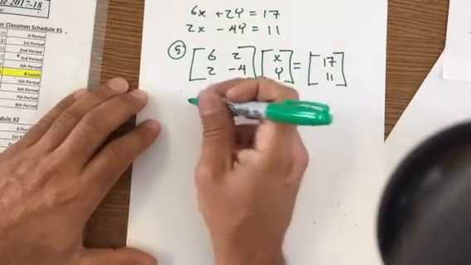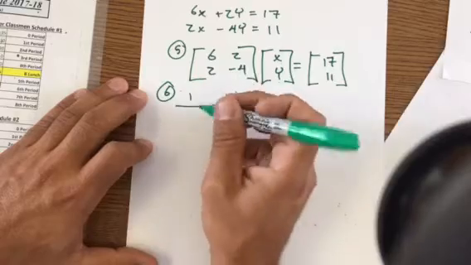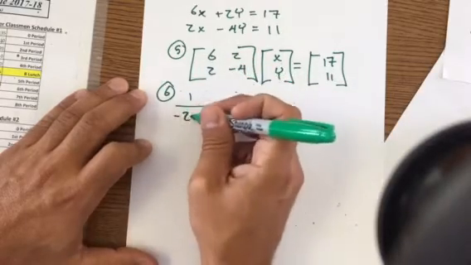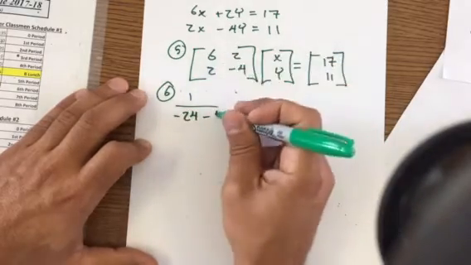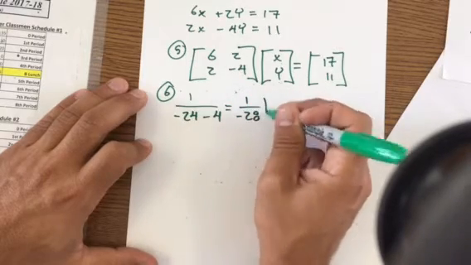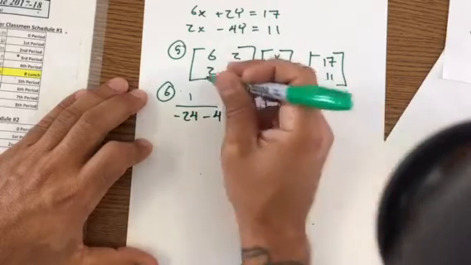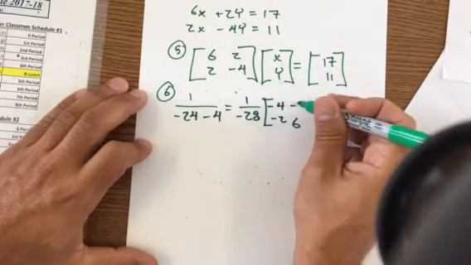We're going to find the inverse of this, so we're going to do 1 over 6 times negative 4 minus 2 times 2. These two switch spots. These two switch signs.